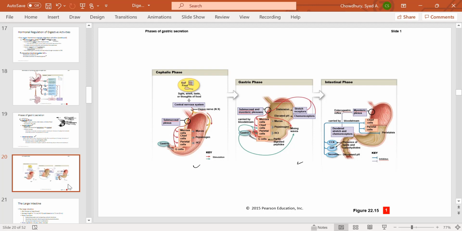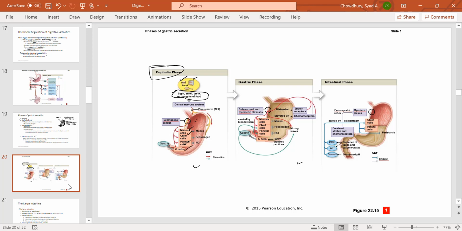You see, I told you, if you see the food, smell the food, or taste the food, or even think about the food, secretion will occur from the mucous cells, chief cells, parietal cells, G cells, and that is the cephalic phase, right, before the food enters into the stomach.